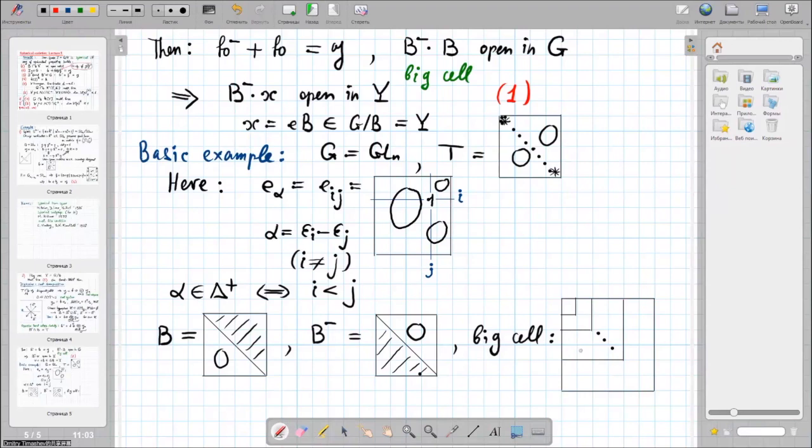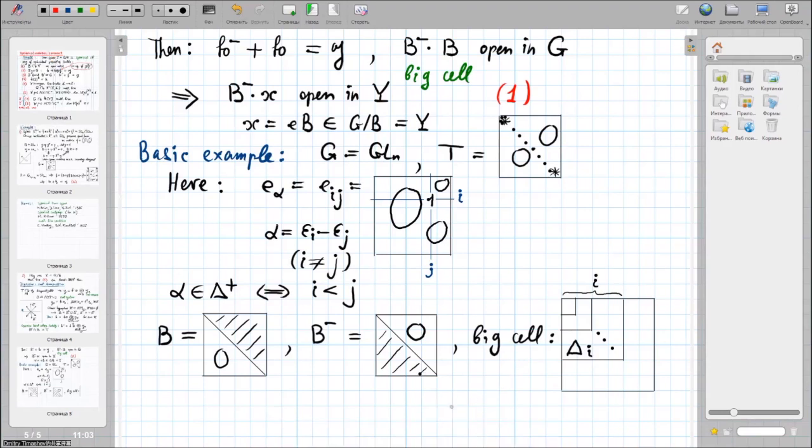And the condition that the element belongs to the big cell is that each of these minors, say this is delta sub i, where i is the size of this block, is non-zero. So the condition is that all these minors should be non-zero.